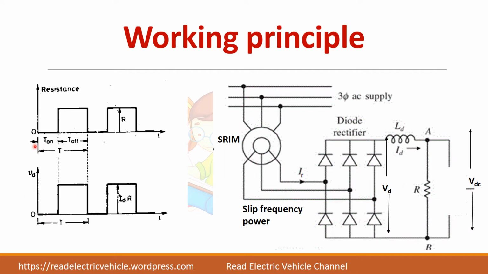So when it is on, voltage is 0. When it is off, there will be some voltage which will be equal to ID into R. Here it is ID and this is R. So V is equal to IR, so it is equal to ID into R.